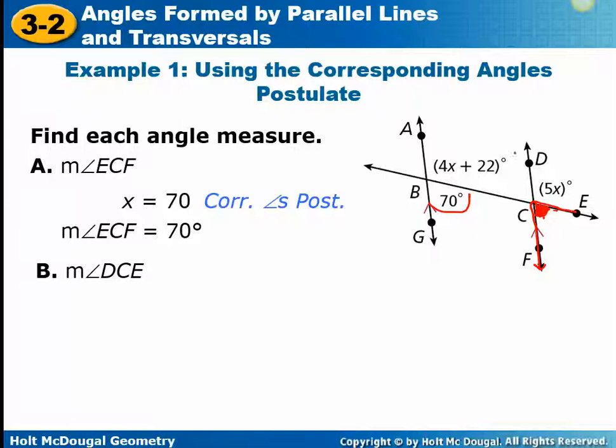Okay, let's find angle DCE. Let's get a different color here. DCE is up here. There's more than one way to find this. We could say that this would be congruent to angle ABE because of the corresponding angles postulate.